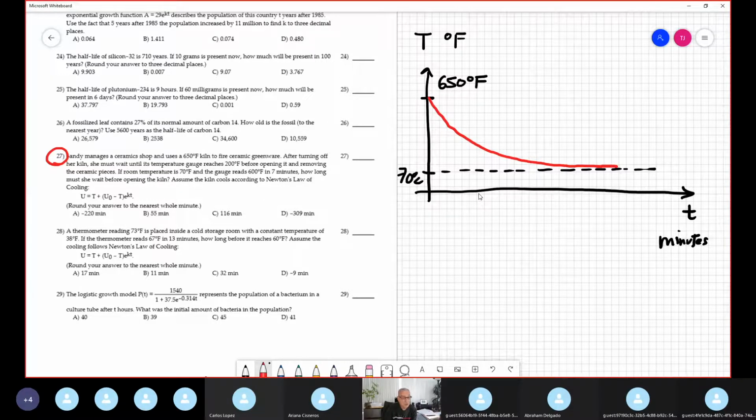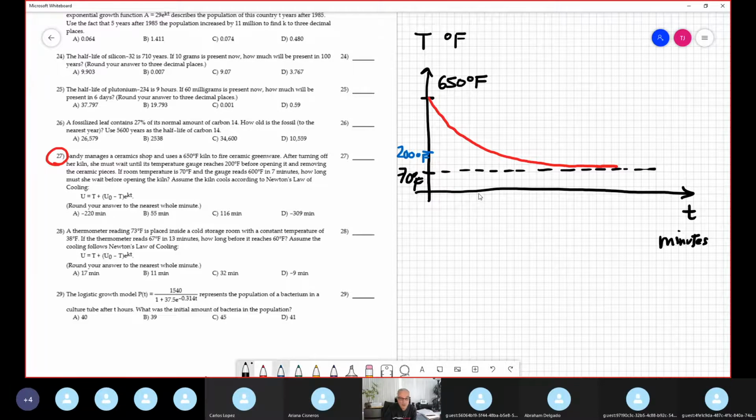Then, they want to investigate. She wants to investigate an important point, the case when you reach 200. Here, I suppose 200, because this is an important moment. Fahrenheit. Everything is Fahrenheit. Sorry.